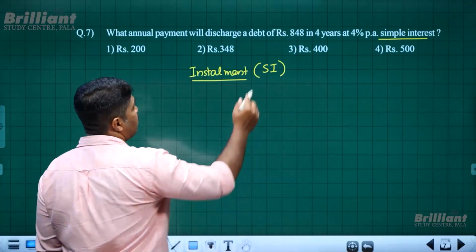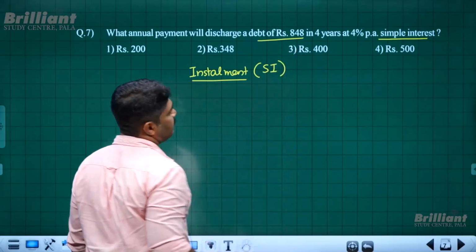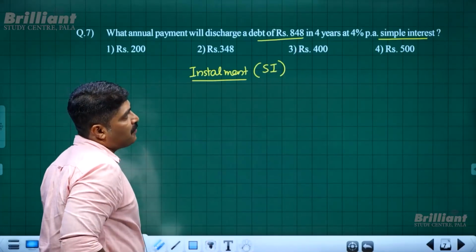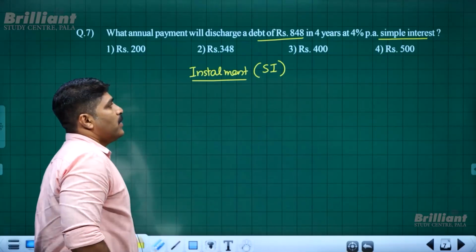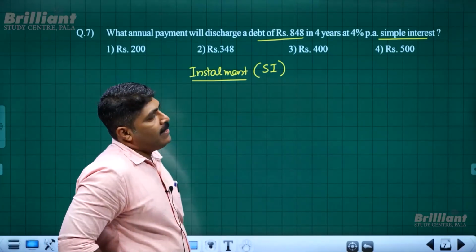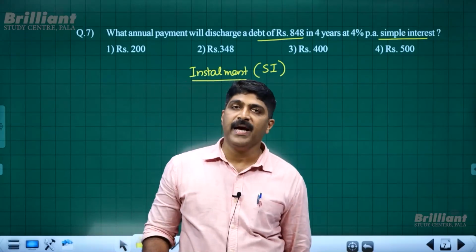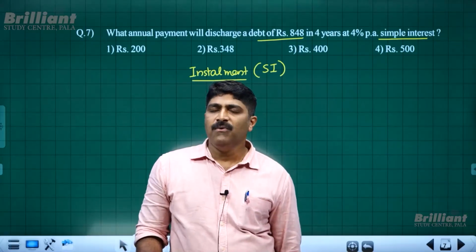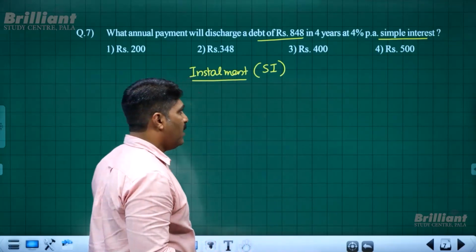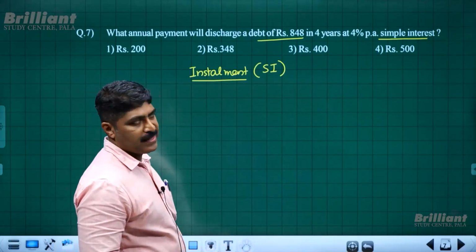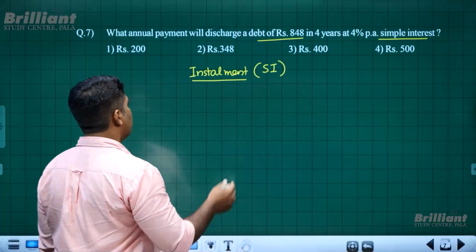Here, the debt is rupees 848. It occurred in 4 years at 4% per annum. So here we are considering the annual installment. How can we reach the conclusion for such a question? Here we just consider that each installment is rupees 100. We are assuming like that.